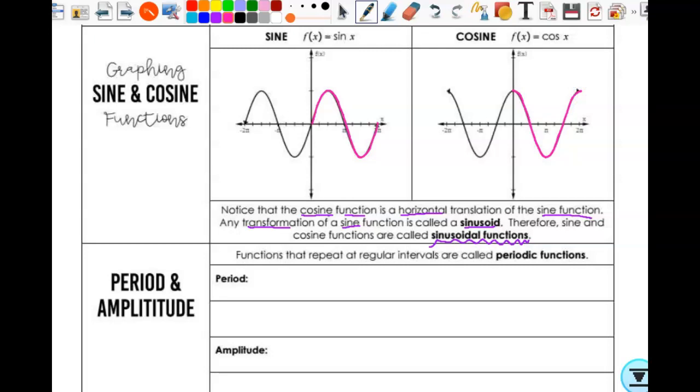A lot of times starting at 0, especially with the parent function, just kind of makes more sense. But I could have started here and said, all right, well, one cycle ends here. That's still 2 pi units, either way you look at it. So you don't always have to start at 0. But this right here, this is a period. It's one cycle before it repeats. Same thing here.